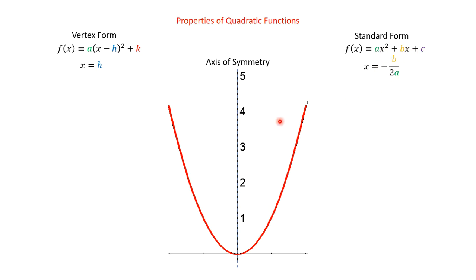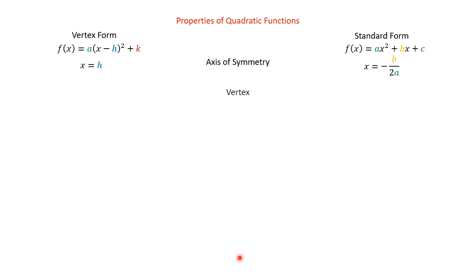That's the center. And so the axis of symmetry, x equals h, or x equals negative b over 2a. And notice that's the vertex. So the vertex in vertex form is just h comma k. We saw that last time.